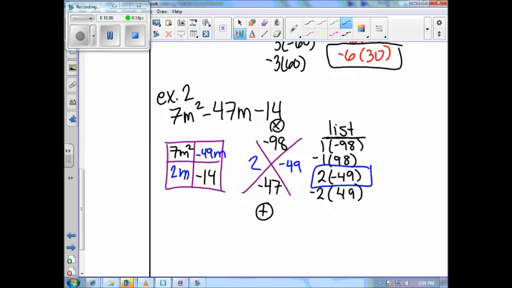Okay, Jessica. In the top row, what's the greatest common factor? There is an m, but they both have a number, so there's a greatest common factor with the coefficient as well. What? Okay, so 7m. Because negative 49 divided by 7 works, we get negative 7.